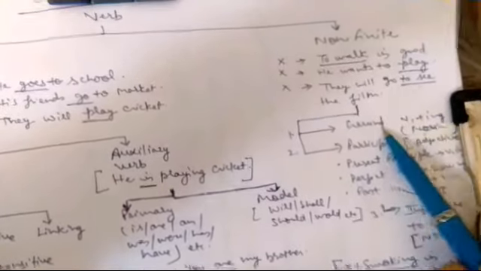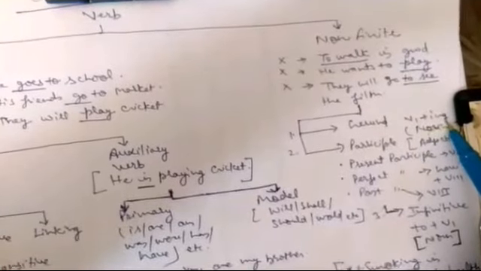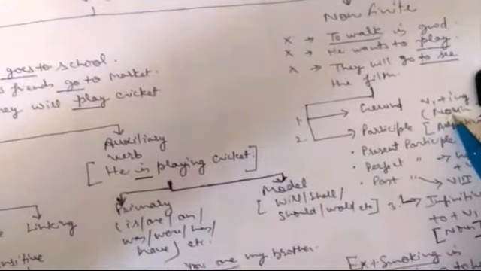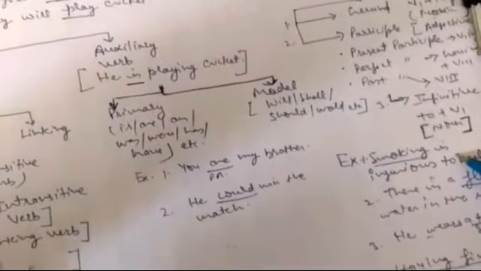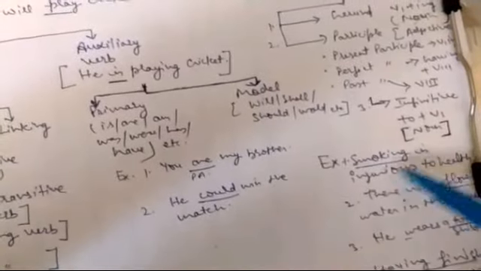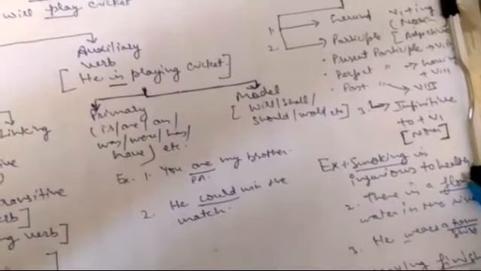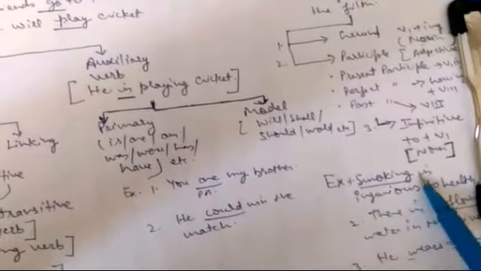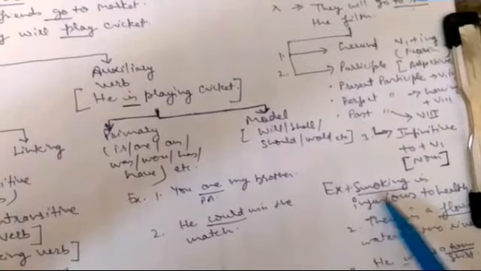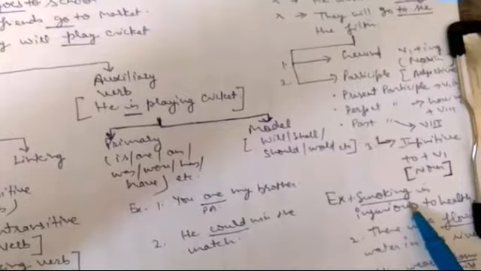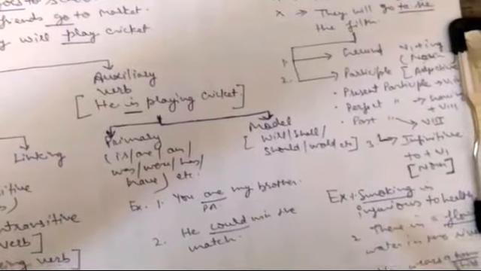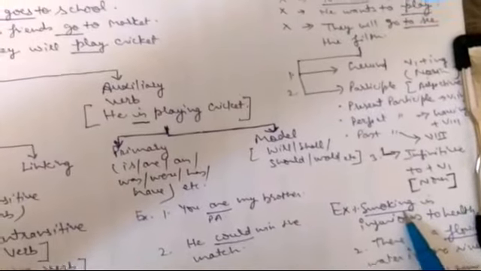Number one, gerund. Gerund means V first plus ing, which indicates a noun. You can see the example here: smoking is injurious to health. So this smoking is the gerund, V first plus ing, and it is a noun. It does not indicate any tense or number.